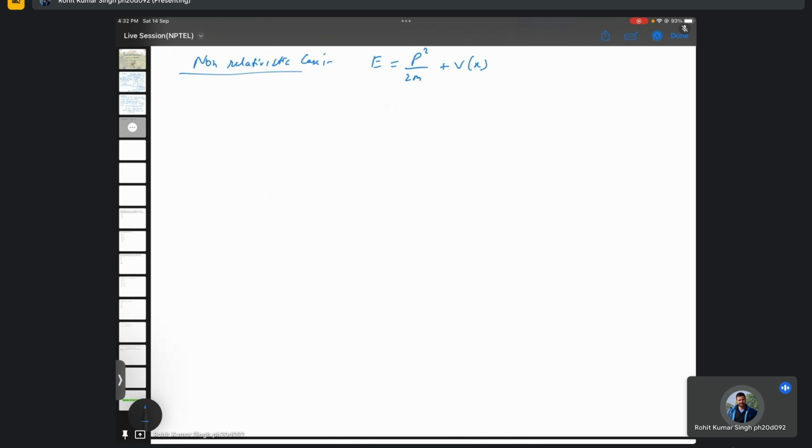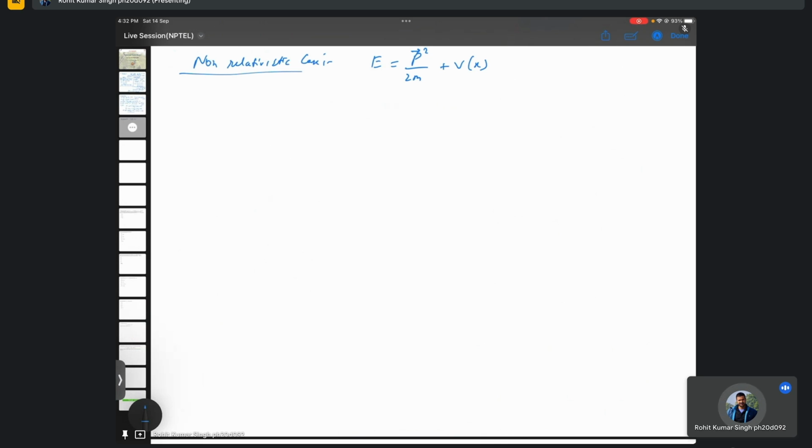I have written the kinetic energy in terms of the three momentum, because when we go to the quantum mechanical picture, we promote the dynamical variables or observables to Hermitian operators, right?